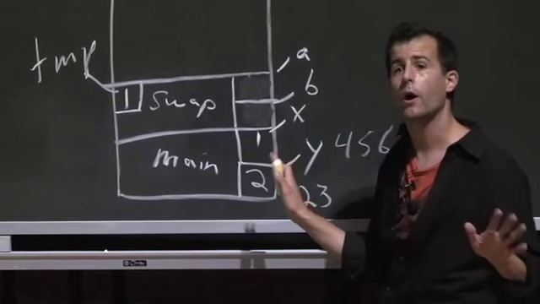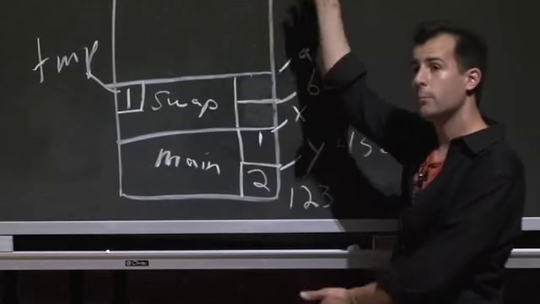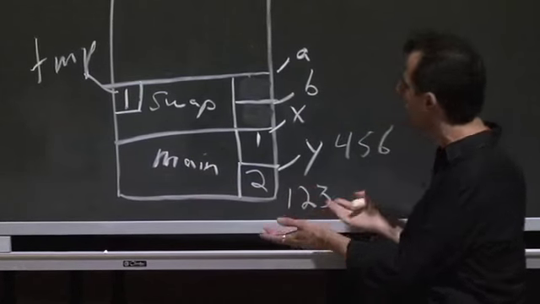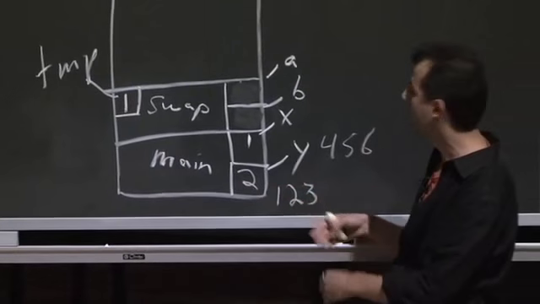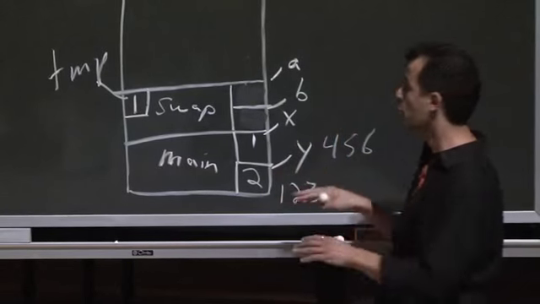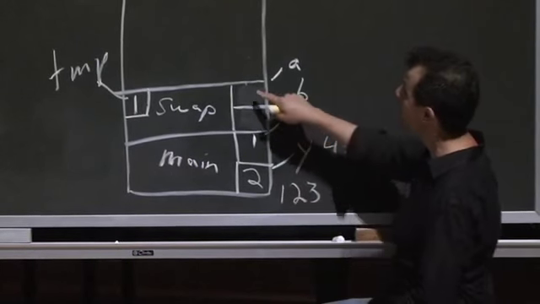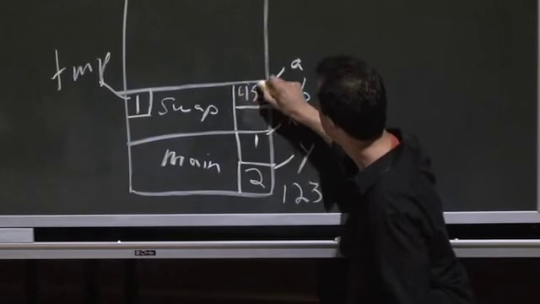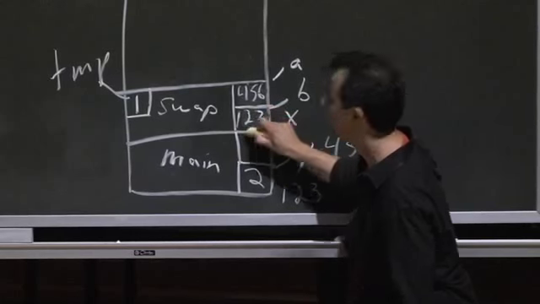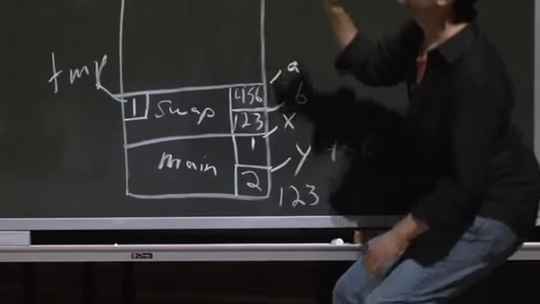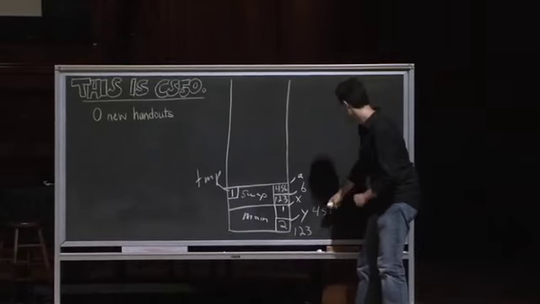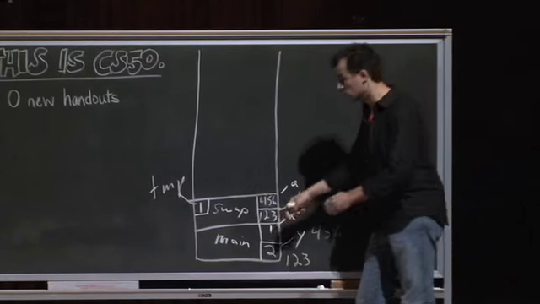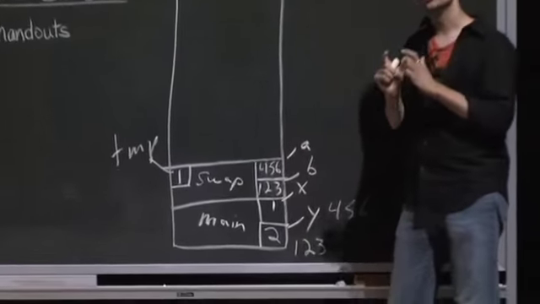I don't exactly know where they are in RAM, but I know if I've got 2 gigabytes of RAM, byte 0 is here, byte 1 is here, byte 2 is here, dot, dot, dot. So maybe byte 123 is over here, and 456 is here, whatever. We just need to know that they're numeric addresses, because what that means here is that what goes inside of A is 456 this time, and 123. Because again, we're passing into swap the address of A, 456, and the address of B, 123. So literally, are those numbers stored in those same chunks of memory?